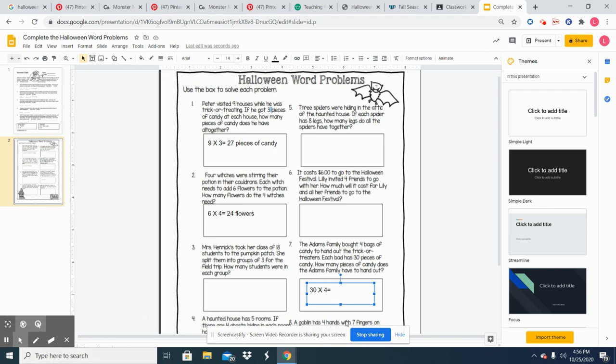So I could put 12 down here, and just add a 0 because there's 1 0 in the number 30 in this problem. So 120, and then our unit is pieces of candy again. That's what the question was that we needed to answer. It was asking us how many pieces of candy does the Adams family have to hand out.